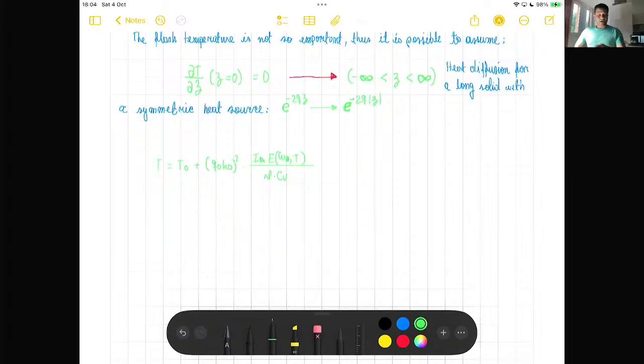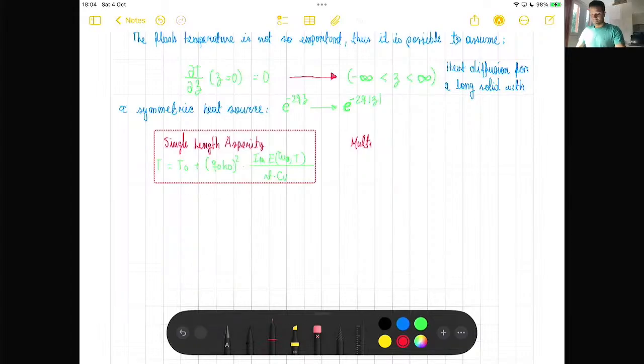Okay, I will substitute this. This is for the single length asperity. Then we have the multi length asperity.